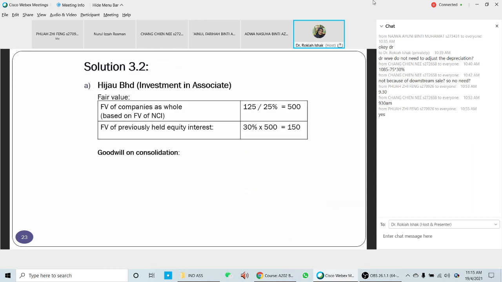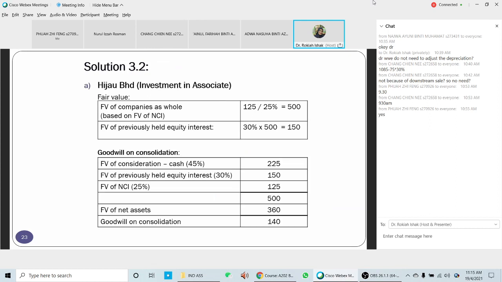Okay, and then we look at Hijau. For Hijau, the company as a whole, the same thing: 125 divided by 25%, so we have 500. So previously interest held 30% times 500, so 150. Now I'm going to calculate the goodwill. This is the one that you paid, a new one for 45%. Total up these two, you're going to have 375. 375 here is the consideration transferred, plus the NCI, which here is 125.